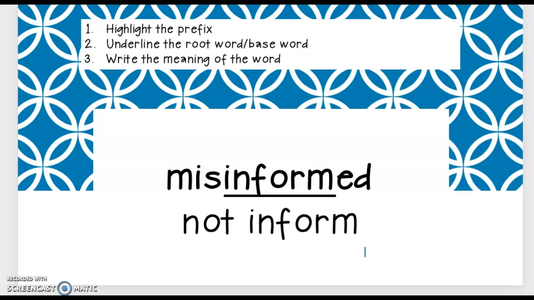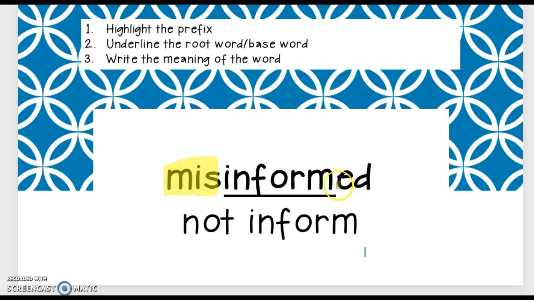Misinformed. Now guys, I'm going to throw something else out at you. This has miss as our prefix, but guess what? We have something at the end. This ed right here, that's called a suffix. A suffix is just like a prefix, except it's added to the end of the word.